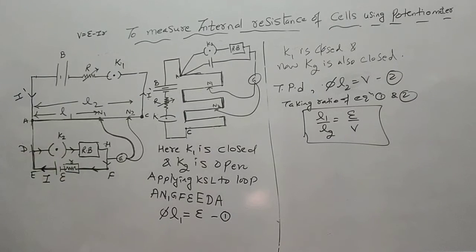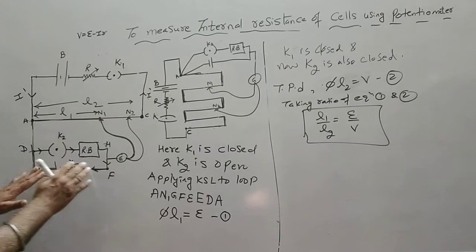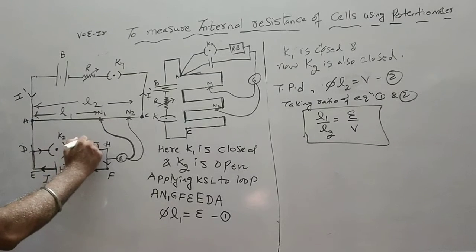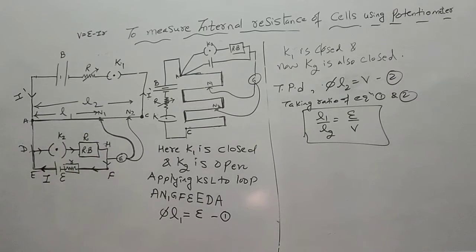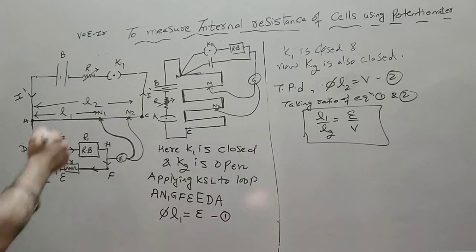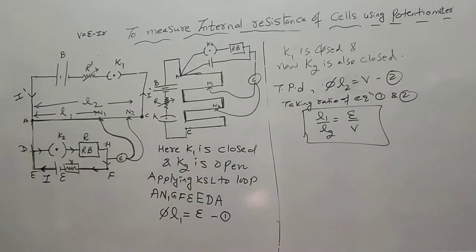Suppose I move in the loop E, D, H, F, D. Say the resistance of this resistance box is R, and we assume this is r, suppose.